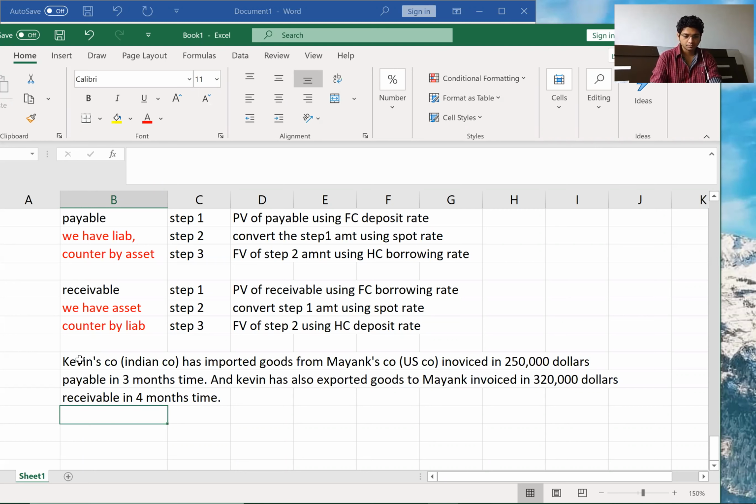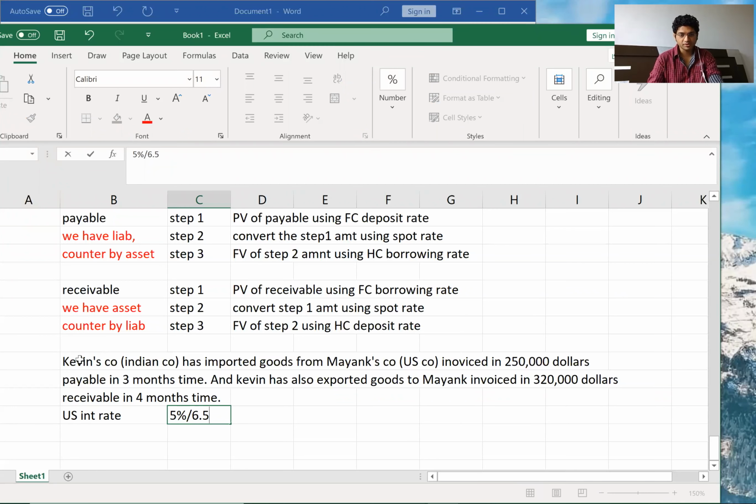Now, the US interest rates are 5% and 6.5%. And the India interest rates are 6.2% and 7.5%.